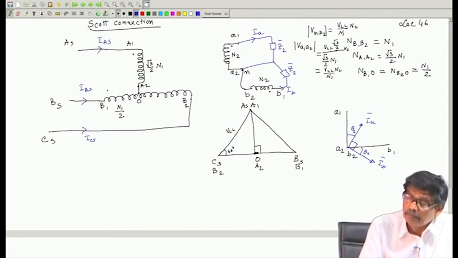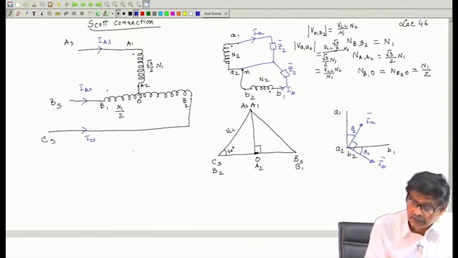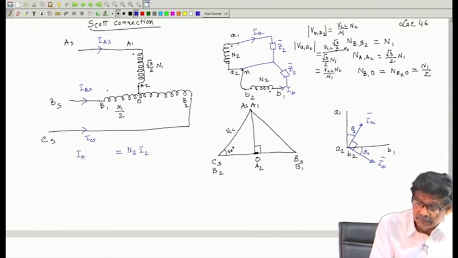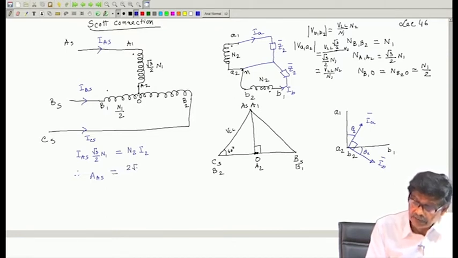The MMF of the secondary, through the dot current is coming out, that is N2 into I2, must be equal to, through the dot current is drawn in, I_AS into its number of turns, root 3 by 2 into N1. Therefore, I_AS will be equal to 2 N2 by root 3 N1 into I_A.